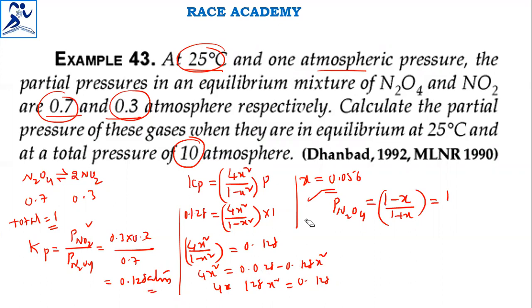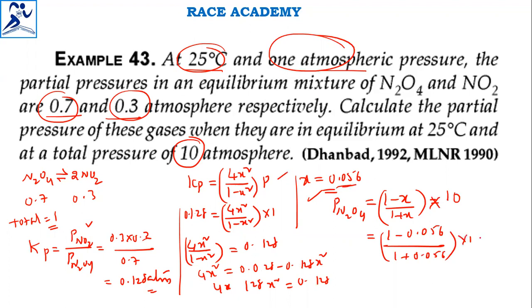So we are getting the answer x value when you take the pressure from the first condition, that is 1 atmosphere pressure. But second condition 10 atmospheres, total pressure is 10 we will take now, that is 1 minus 0.056 by 1 plus 0.056 into 10.